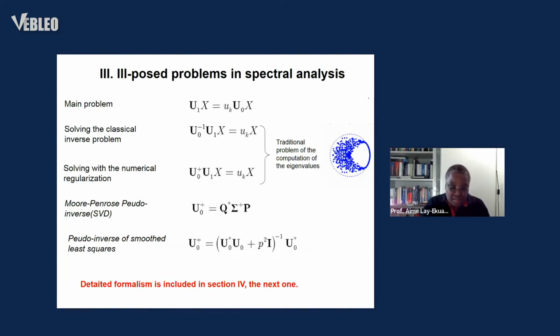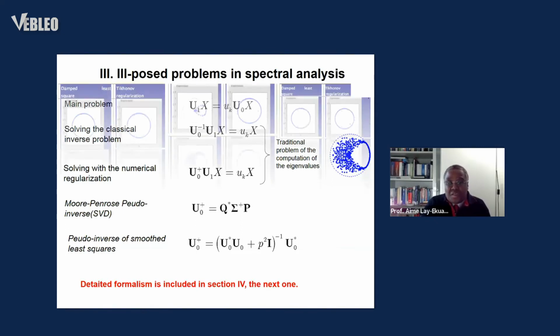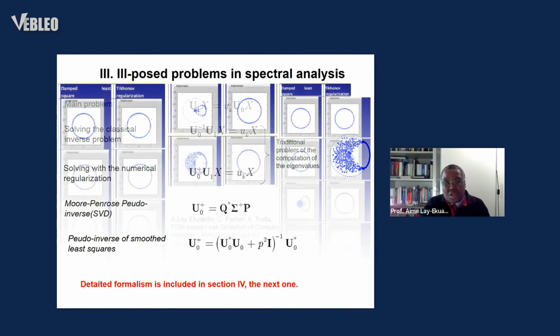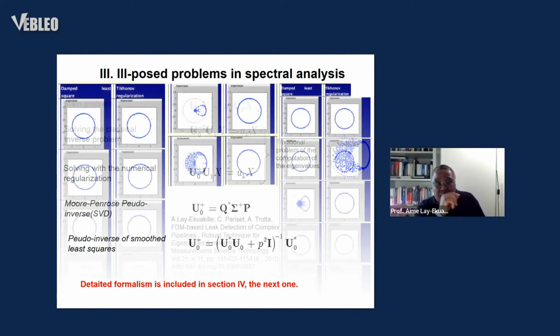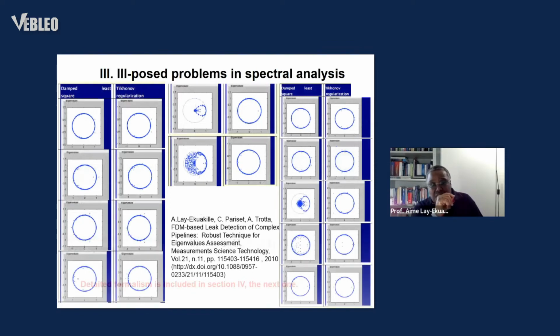But more detail about this formalism is included in the next section. This is an example: if you have the signal aforementioned, you have to find the eigenvalues. More details are included in this paper.